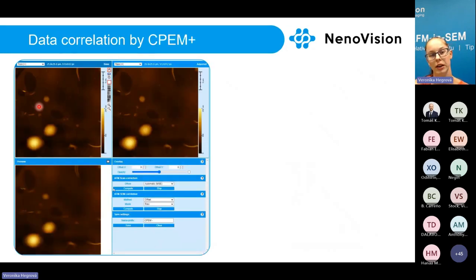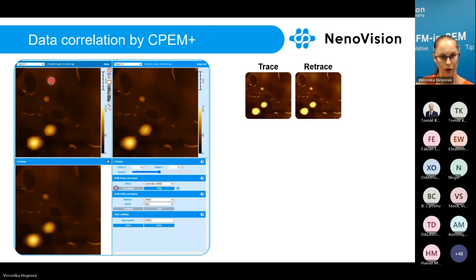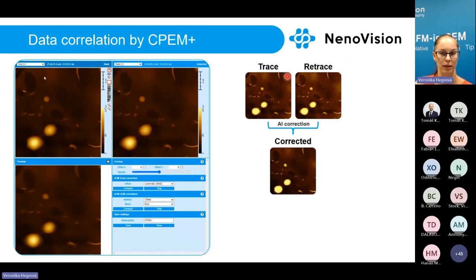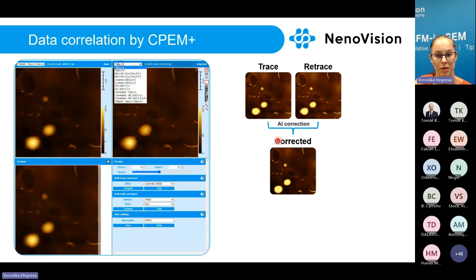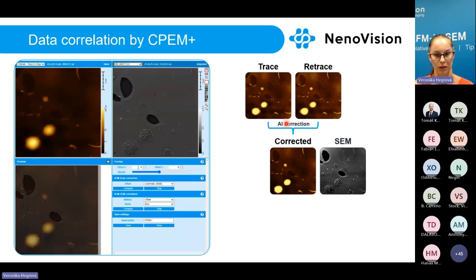Also, we included data correlation using CPAM+. It's a function based on machine learning. So, first of all, we have trace and retrace. Sometimes there are some artifacts. So we corrected it, and then we correlate the data using corrected topography in this case and secondary electrons image.